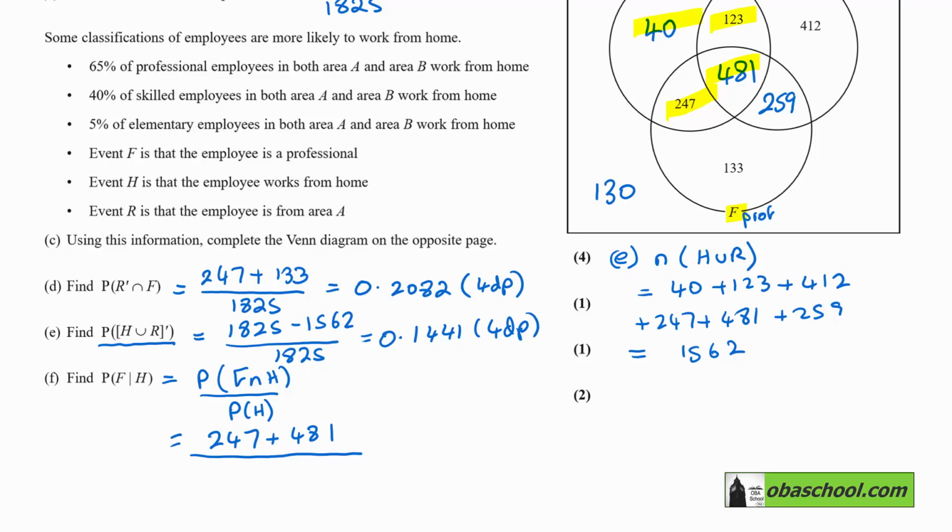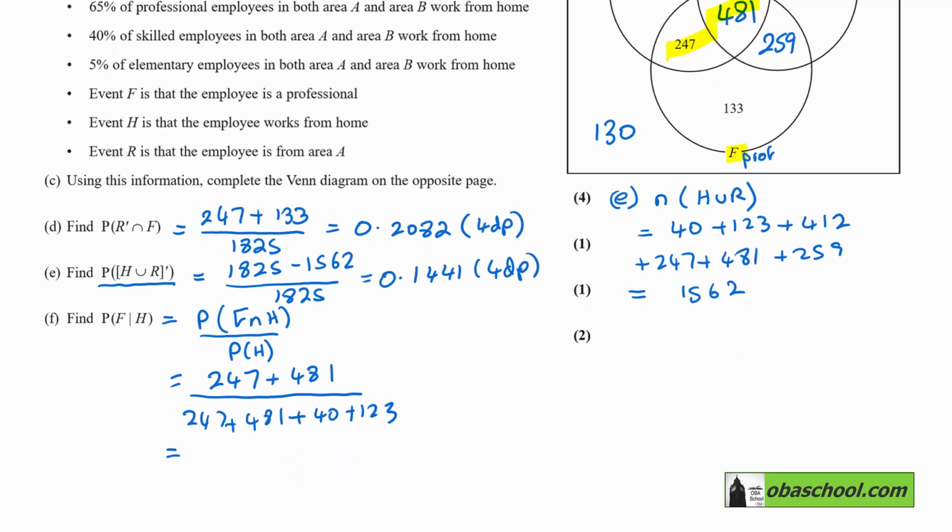So we need to add these two values in. So that is going to be 247, add 481, add 40, add 123, and that is 728 over 891, which is approximately 0.8171. We're giving that to 4 decimal places, so we could put equals to 4 decimal places.